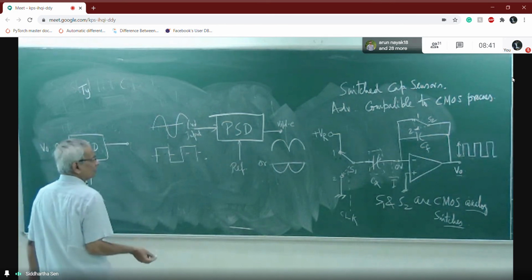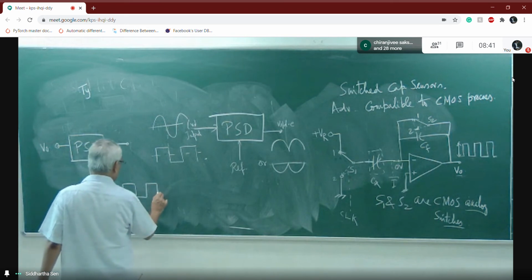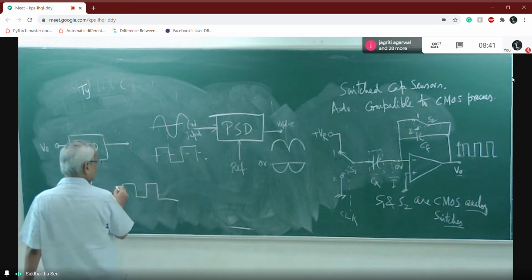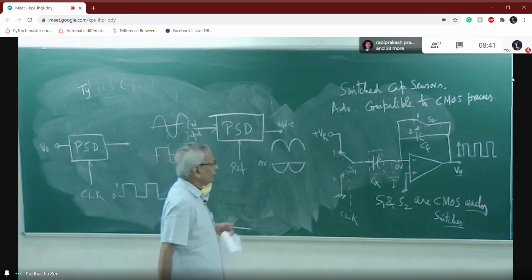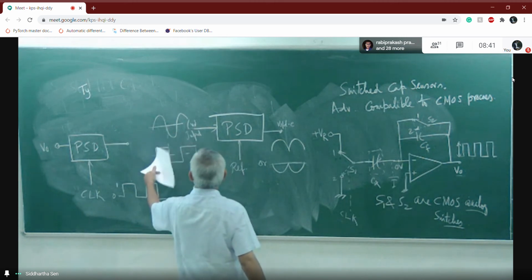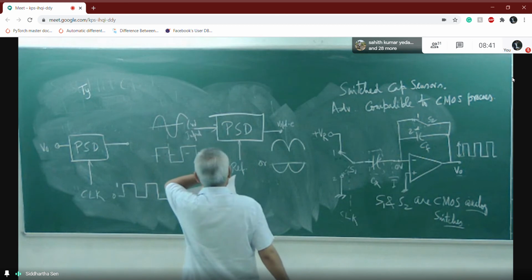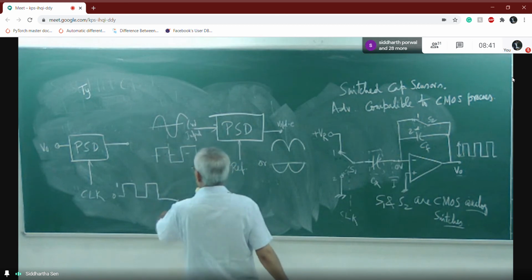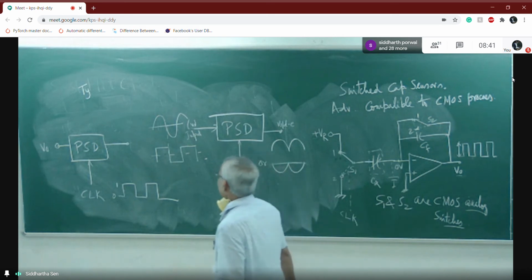Clock means basically when the switch is high and when the switch is low. So this is 0 and this is 1. Accordingly, we have the same thing like this. Earlier we had a sinusoidal voltage, put it into a comparator and got this voltage, but now this clock will be like this here.